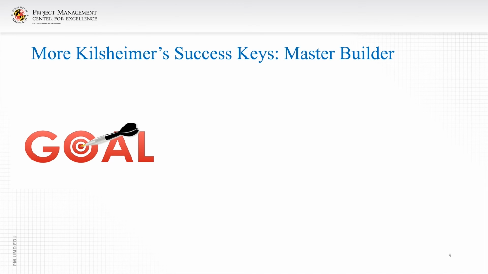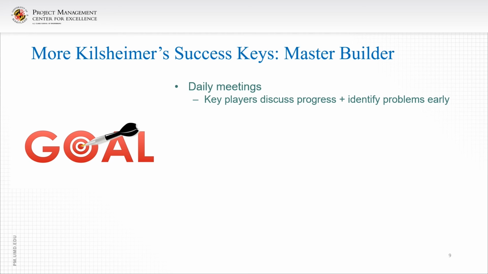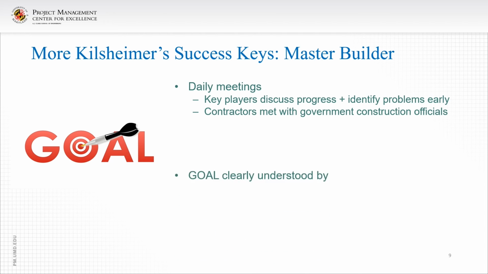So the goal was to have daily meetings, and that was important. Most of the meetings were held very early in the morning, typically 5 a.m. The key players discussed progress and identified problems early. And the government, yes, the government and the contractors met daily to keep the communication link open.